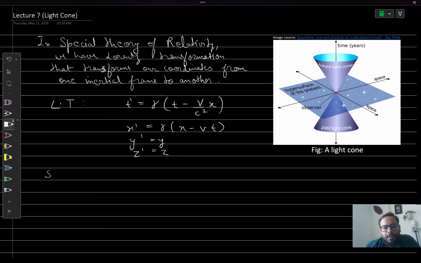In the S prime frame the coordinates are described by these prime coordinates, and in the S frame the event is described by the unprimed ones.